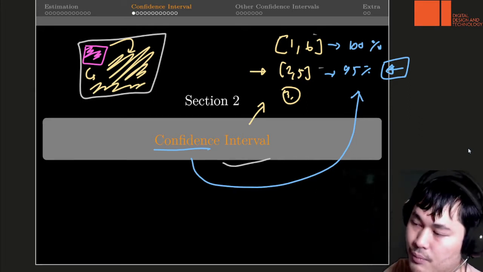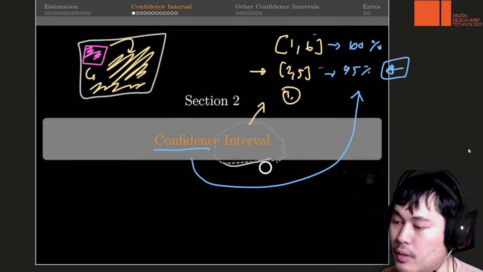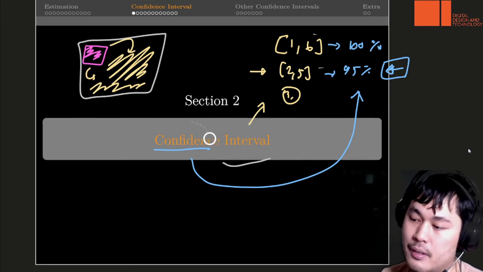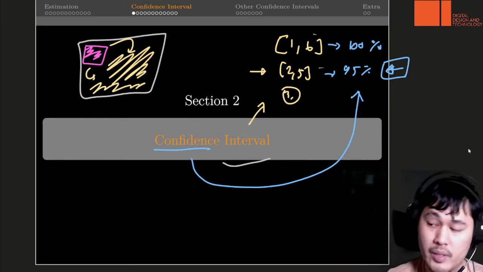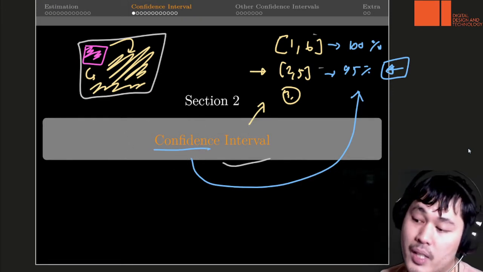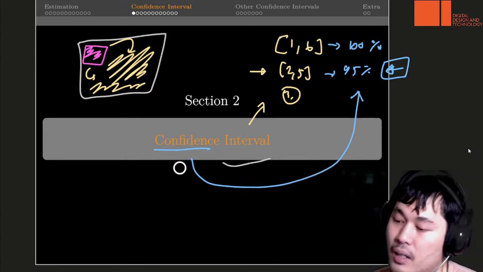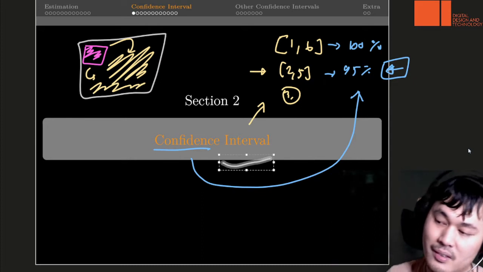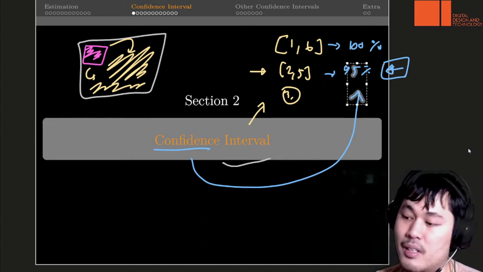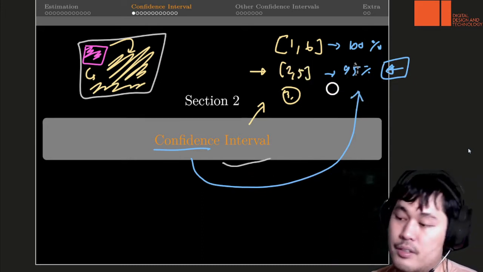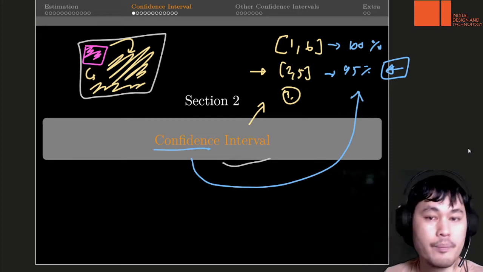And so the answer that we will get as an interval will always come with the confidence. Like how confident we want to be. Do we want to be 100% confident and get a large interval? Or do we want to get slightly smaller confidence in exchange for a narrower interval?